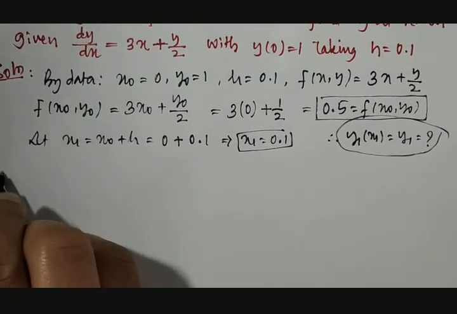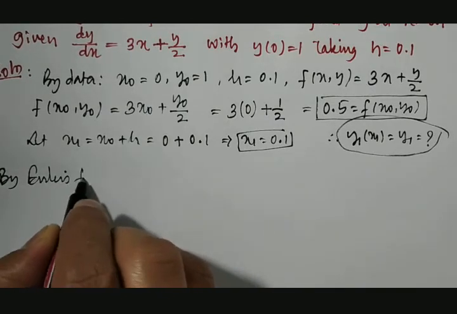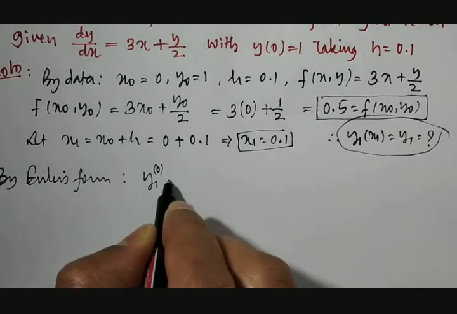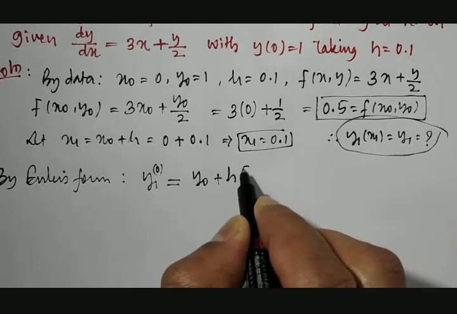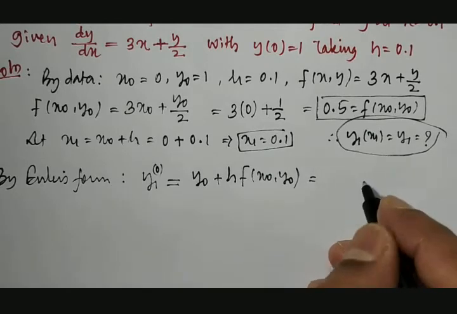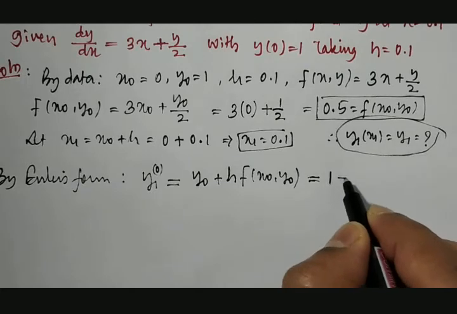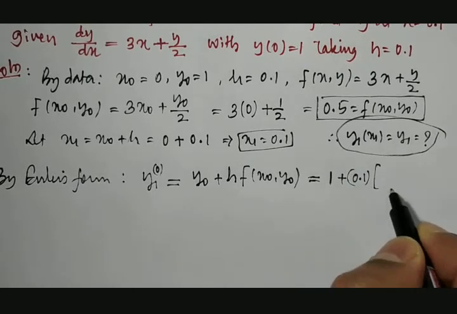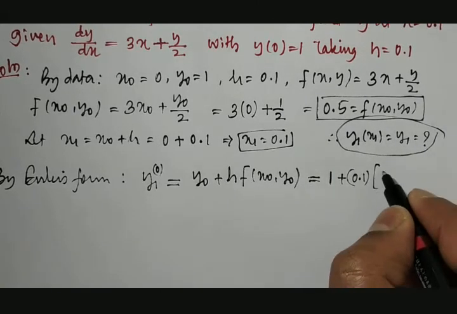Therefore, by Euler's formula, the initial approximation to y1 is equal to y naught plus h into f of x naught, y naught, which is nothing but y naught, the value of which is 1, plus h, 0.1, into the value of f of x naught, y naught, already calculated, that is 0.5.